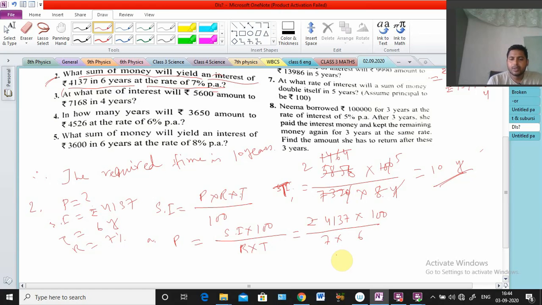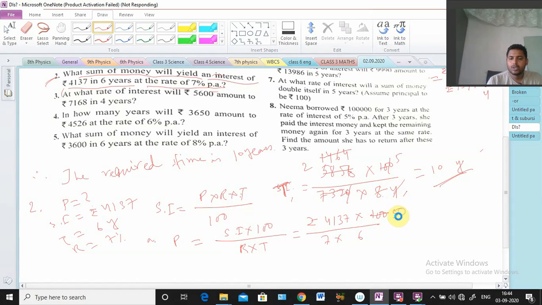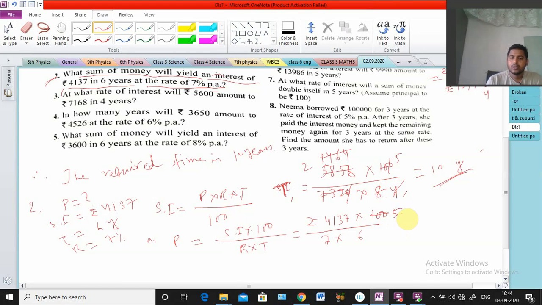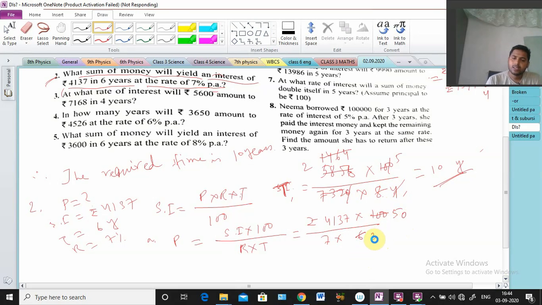See 4137, this one we can cancel by 5, 4 plus 1 is 5, 5 plus 3 is 8, 8 plus 1 is 9, not 15, by 3 also possible. See, I am doing here. So 100 divided by 2 will get 50, and 2 3s are 6. Clear?